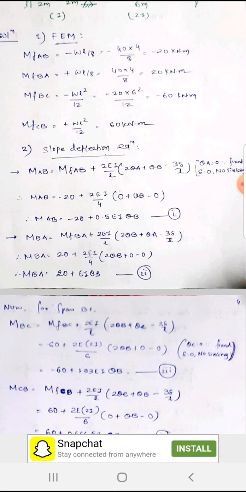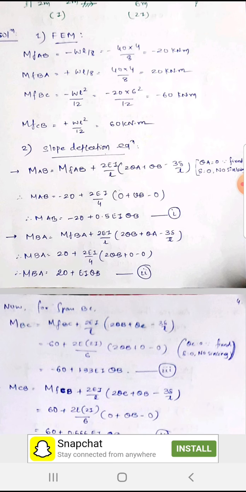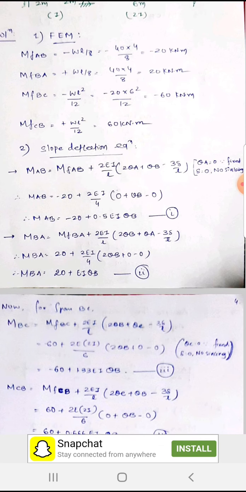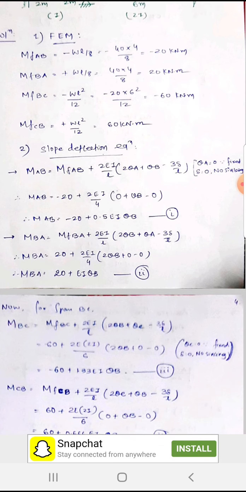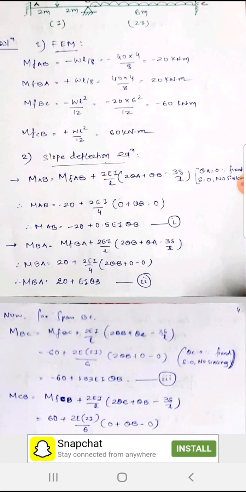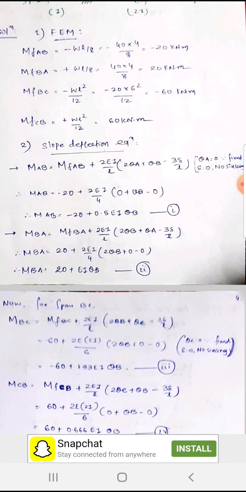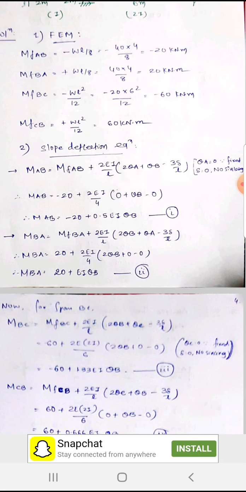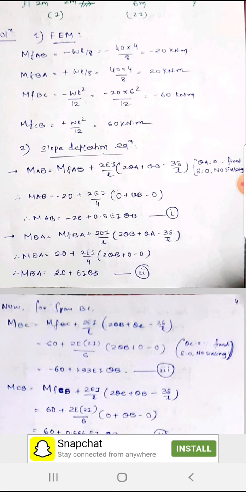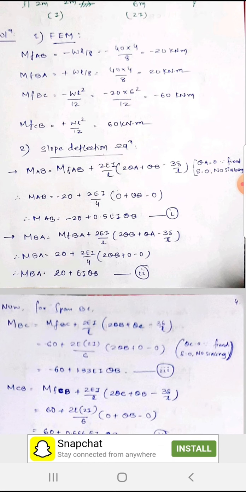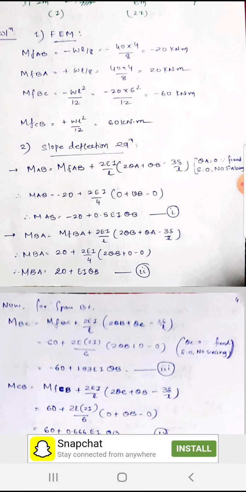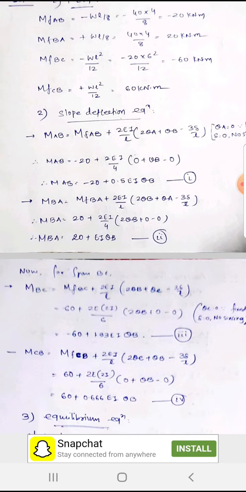Here theta A is equal to 0 because A support is fixed, and delta is also 0. Why? Because there is no sinking of support. If the support sinks, it is clearly indicated in our question, but here no sinking is given in the example. That's why we consider delta equal to 0.